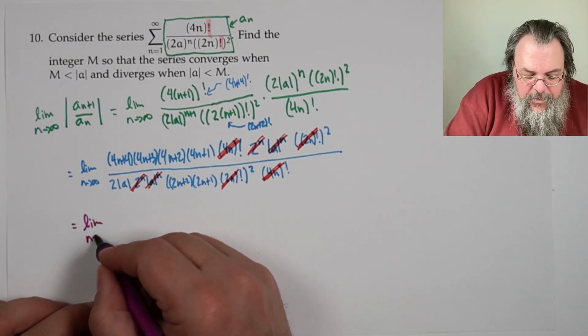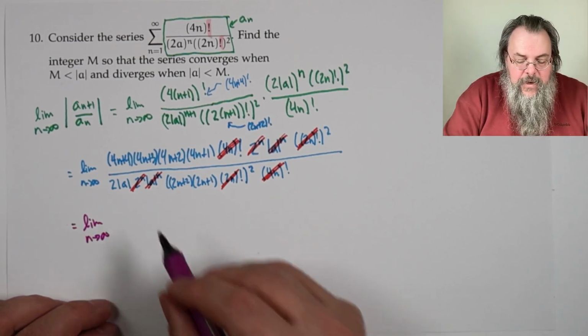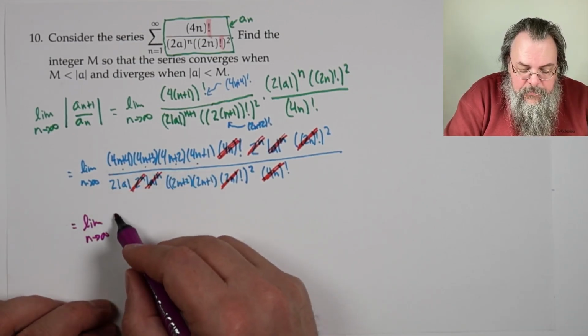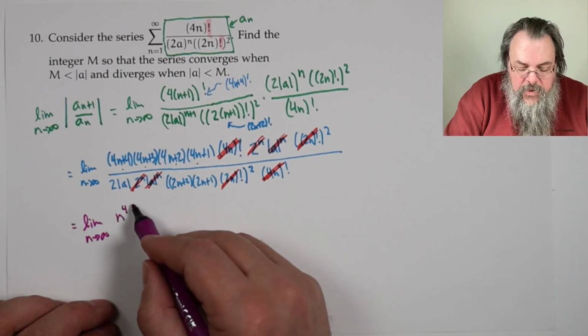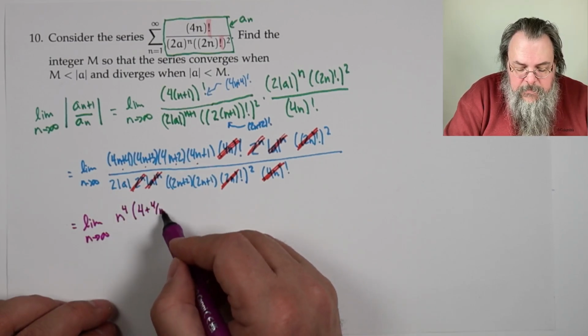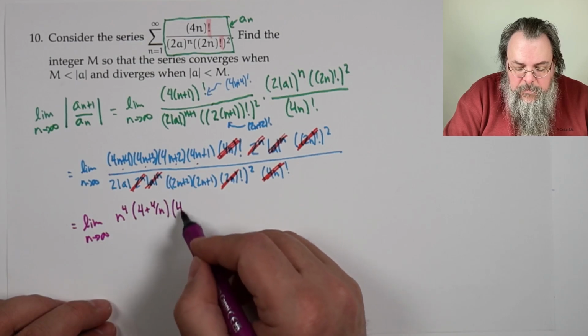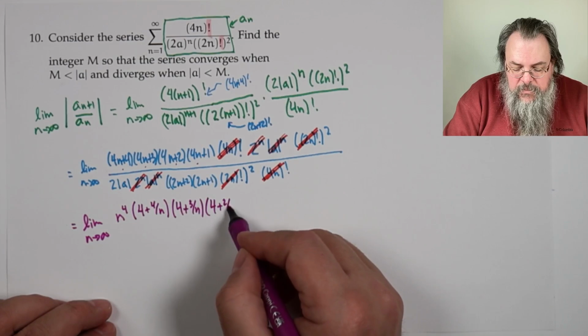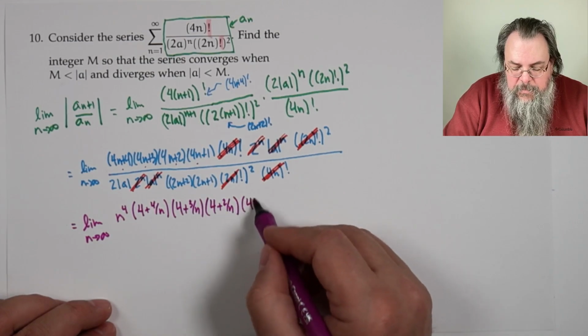I like colors. So I'm going to pull an n out of each of these 4 terms. So I have n to the 4th. Then I'll have 4 plus 4 over n, 4 plus 3 over n, 4 plus 2 over n, and 4 plus 1 over n.